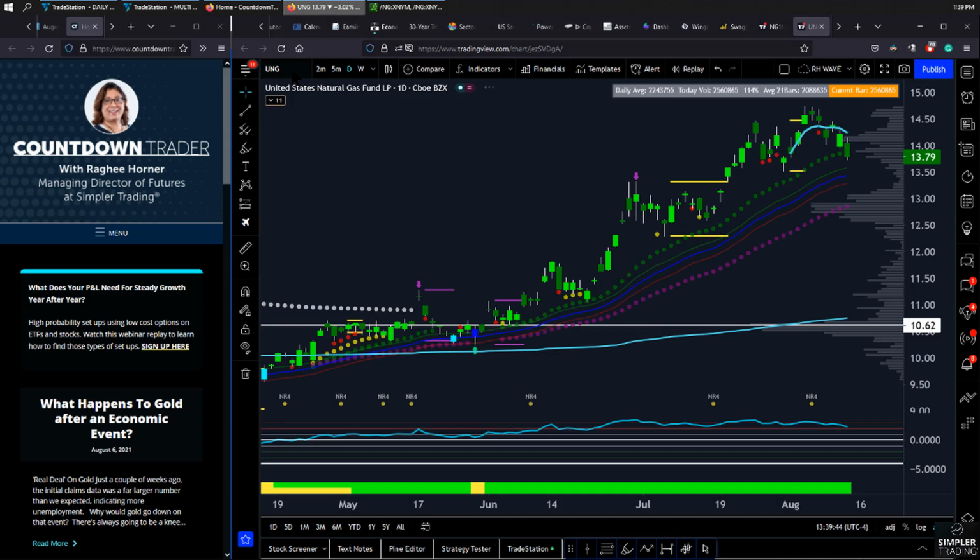So this is an aggro level setup where as UNG basically crosses through about 13.85, I'm looking to buy the 13 call. All right, so I'm buying a 13 strike call. I want to be at or slightly in the money. That's my basic guideline. I don't get cute with it, and I'm just getting long a call.